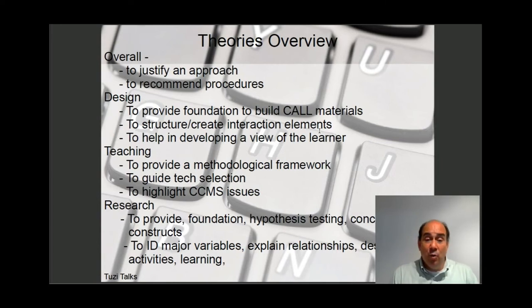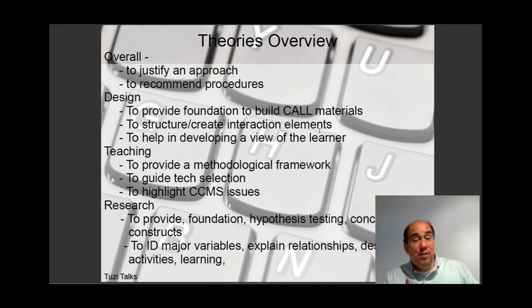Okay. Finally, in research, this is where it's much more obviously theoretical, because researchers are out there testing these things, and after they test things related to CALL and second language acquisition, they come up with some type of conclusions or suggestions, which are given to designers and teachers to try and play with. So researchers use theories to provide some kind of foundation for hypothesis testing.